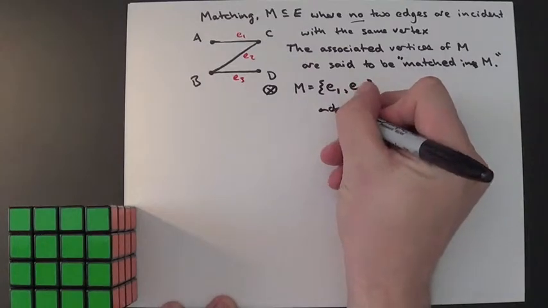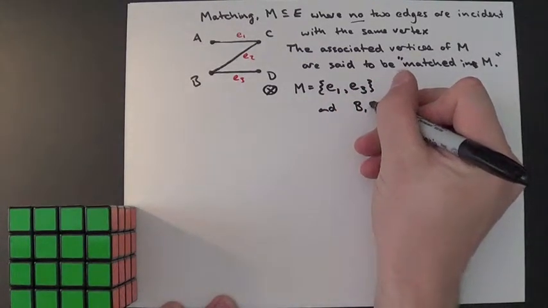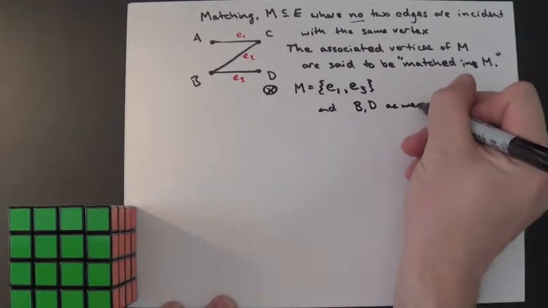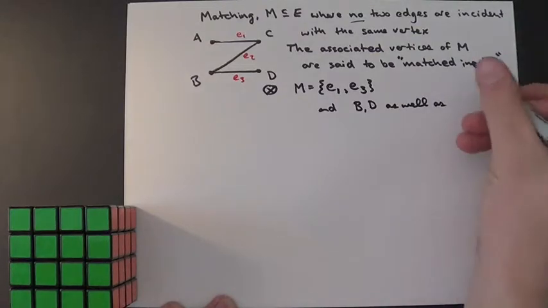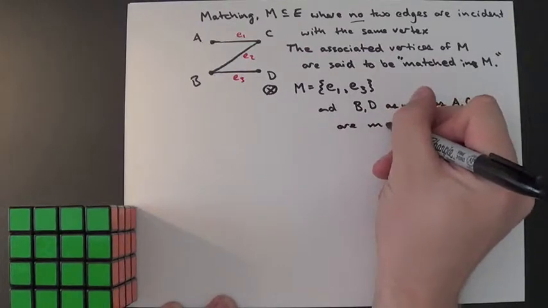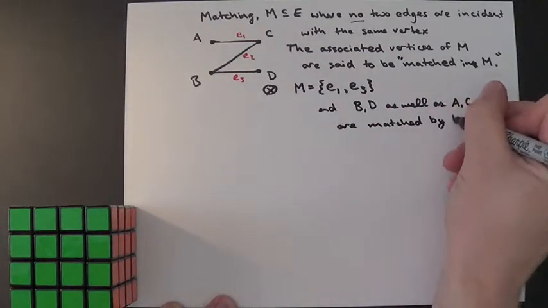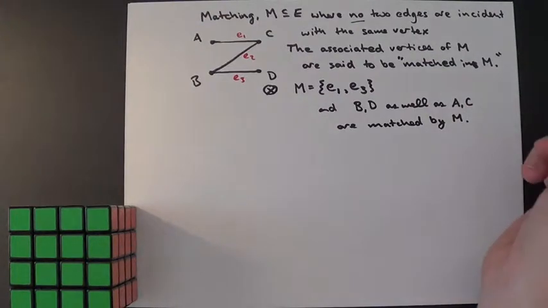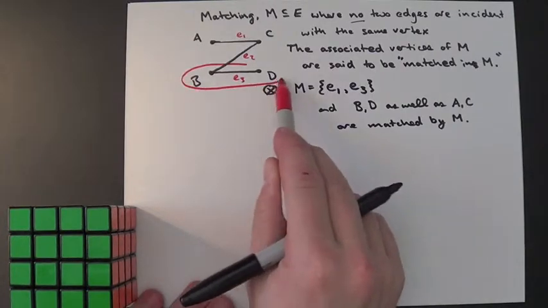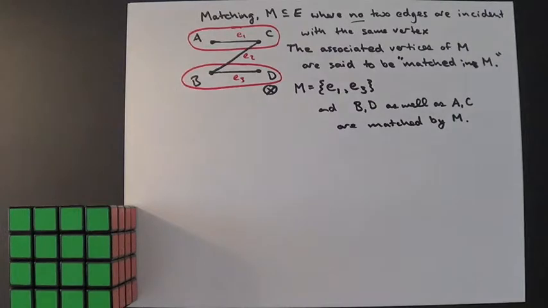And BD as well as AC are matched by this matching. Okay. So we're just showing that we've got this relationship. Okay. Not too difficult.